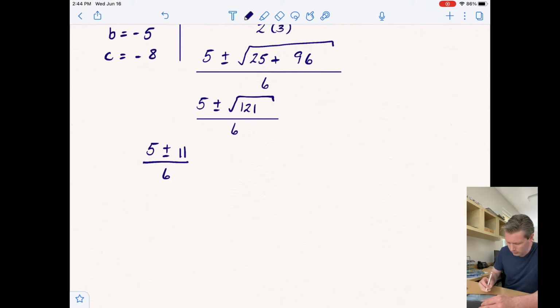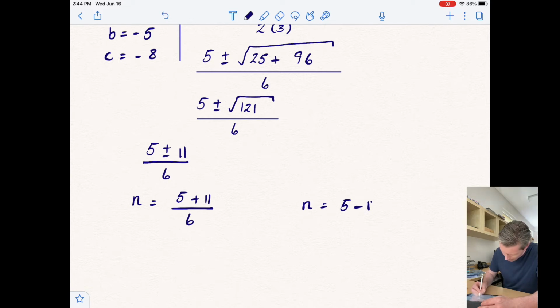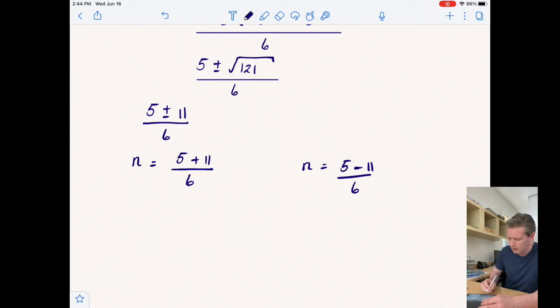And so I have 2 solutions. Either n is equal to 5 plus 11 over 6, or n is equal to 5 minus 11 over 6. These are my 2 solutions. 5 plus 11 is 16, and 16 over 6 is 8 over 3, dividing by 2.